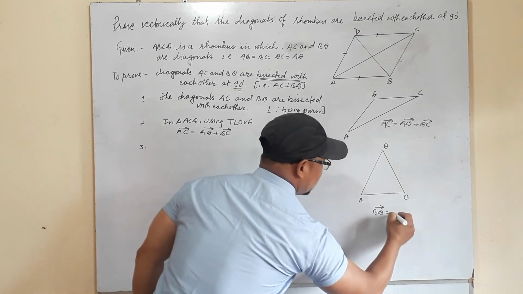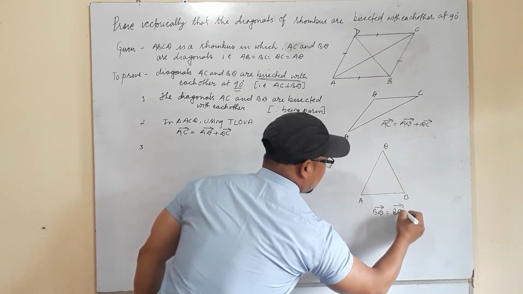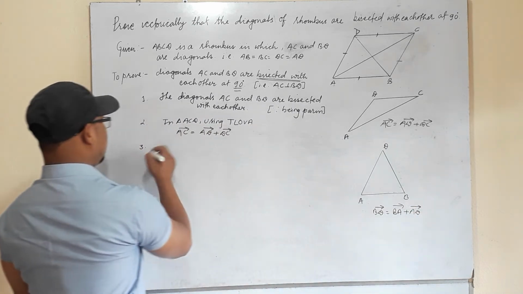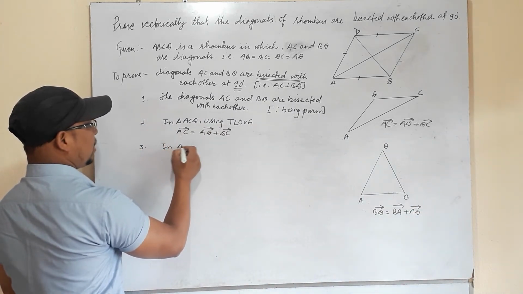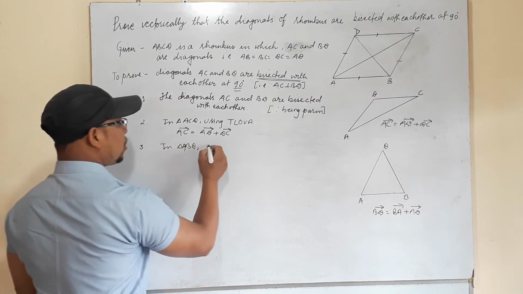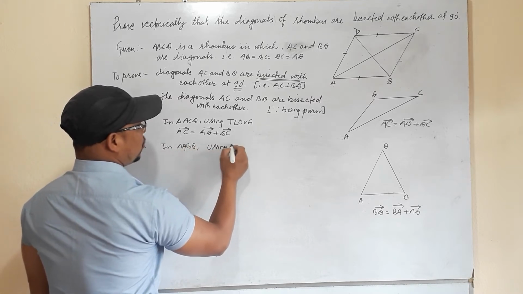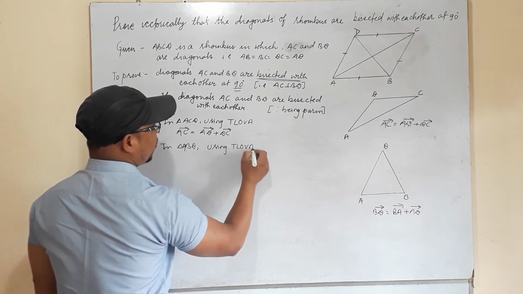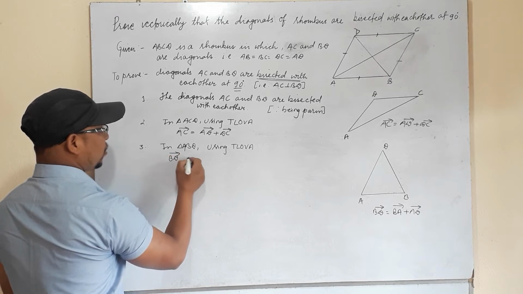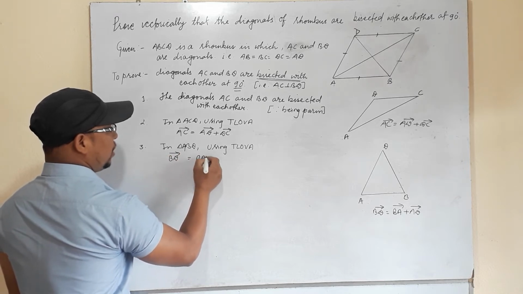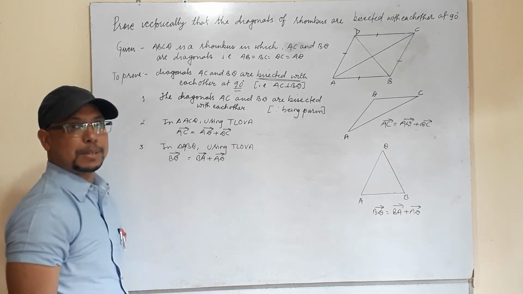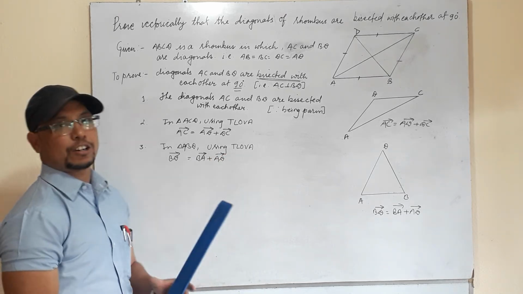Let me write in three number: in triangle ABD, using the triangular law of vector addition, BD vector equals BA plus AD.